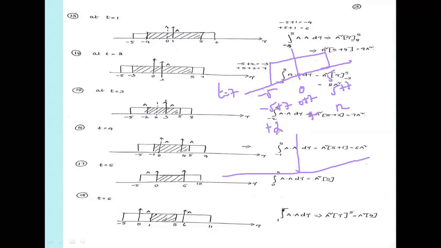This value is 2, still goes the 2, and it is 7 and 12. 2, 7, 12. And there is no change here, the minus 5 to 5.